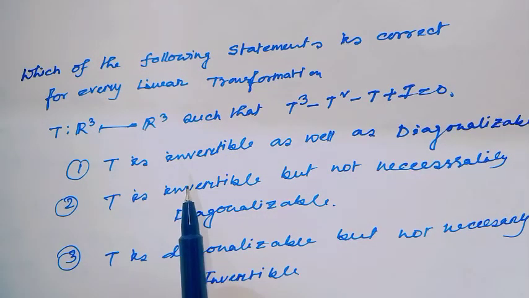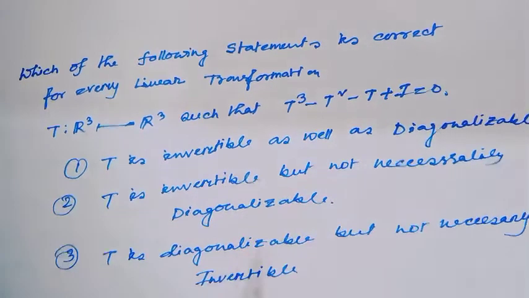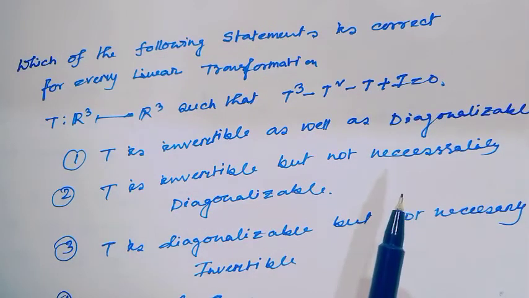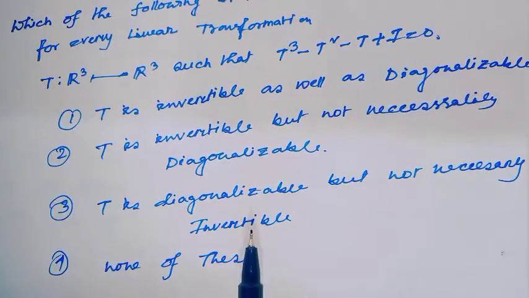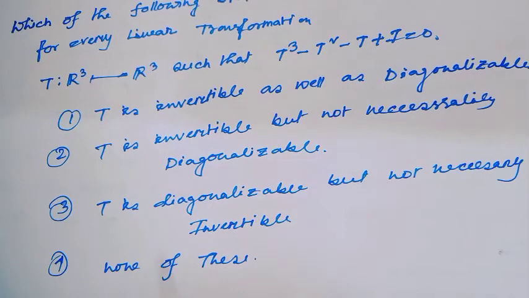Option 1 indicates T is invertible as well as T is diagonalizable. Option 2 indicates T is invertible but not necessarily diagonalizable. Option 3 indicates T is diagonalizable but not necessarily invertible. Option 4 indicates none of these.